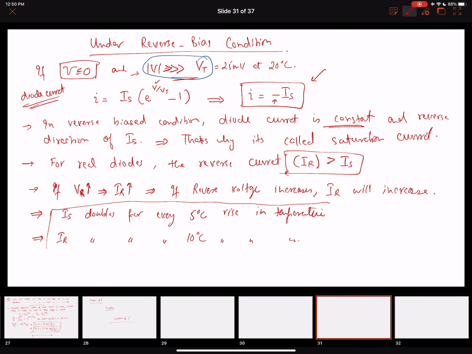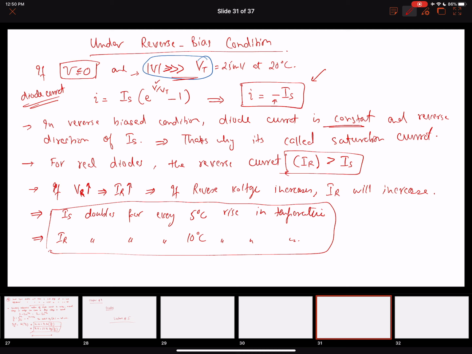Please note that under reverse bias condition, the scaling current plays a major role. So both the scaling current, or saturation current, and the reverse current are temperature dependent. For every 5 degrees Celsius rise in temperature, the scaling current doubles, and for every 10 degrees Celsius rise in temperature, the reverse current will double as well.